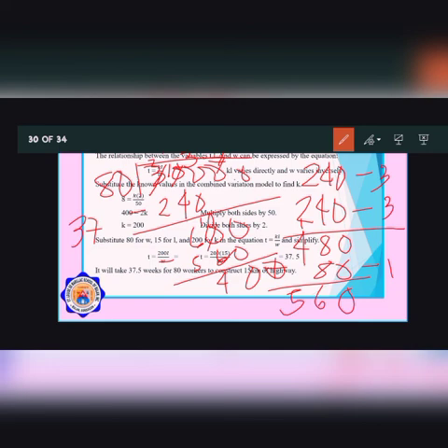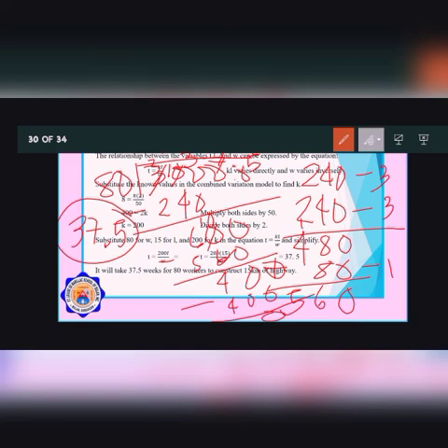So, since 400 divided by 80 is equal to 5, so meron tayong 37.5. And 5 times 80 is equal to 400. Yes, that's correct. So, 400 minus 400 is equal to 0. So, ang answer natin is 37.5.